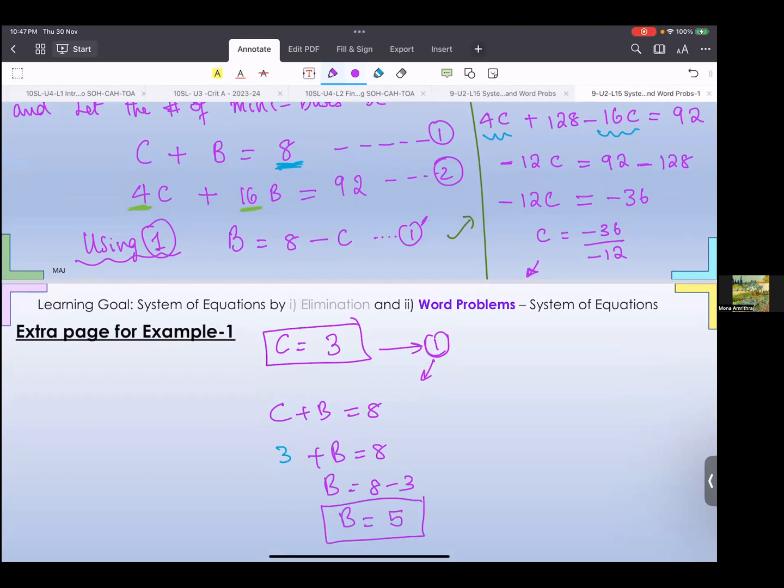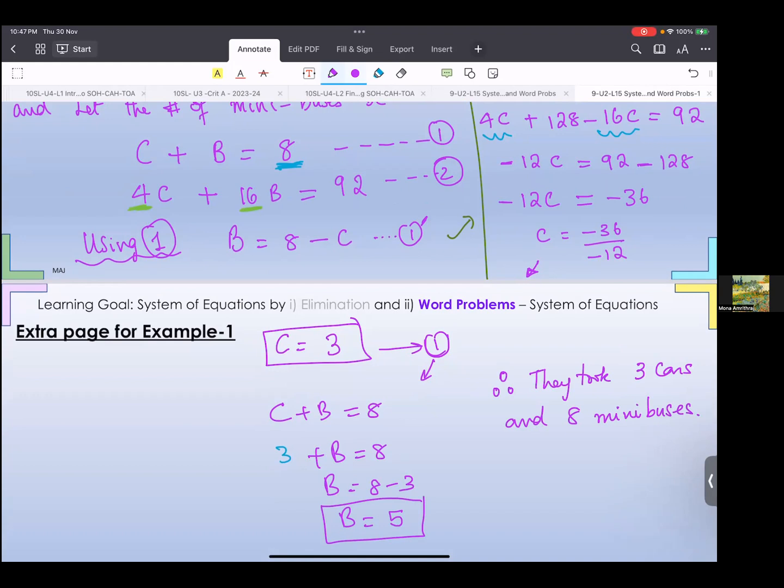So your final answer is, therefore, they took 3 cars and 5 minibuses. Right? So that is the answer.